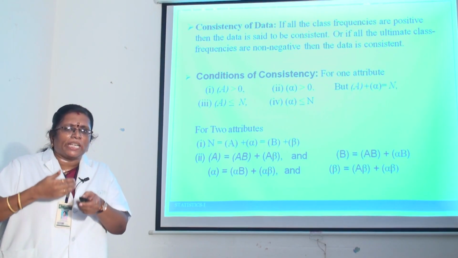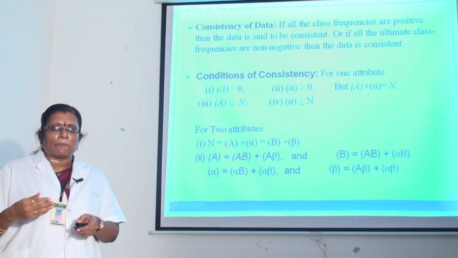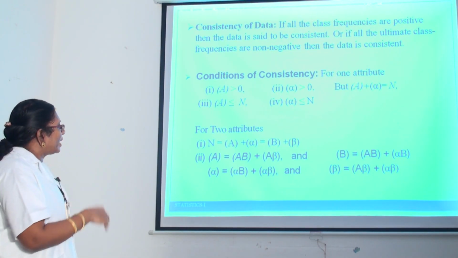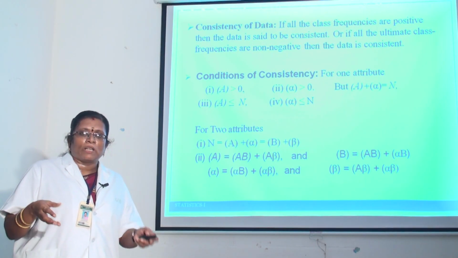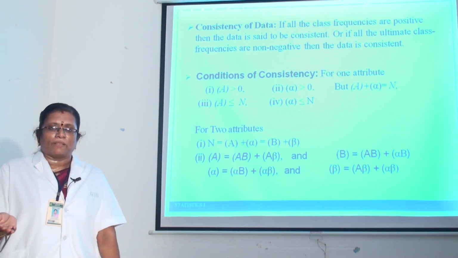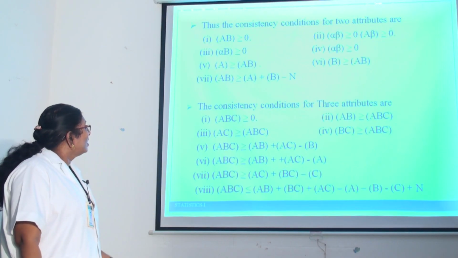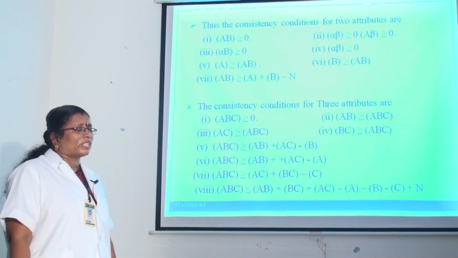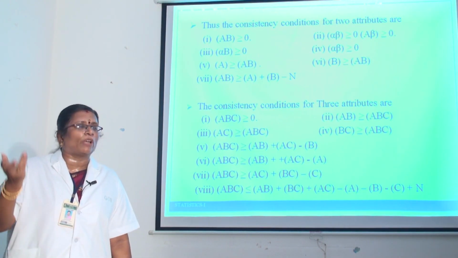You can proceed this with 2 attributes, 3 attributes, like that we can proceed. For 2 attributes, capital N is either class frequency A plus alpha or class frequency B plus beta. Like that we have defined each and everything. The consistent conditions also I have given: the ultimate class frequency should be positive, so greater than or equal to 0.